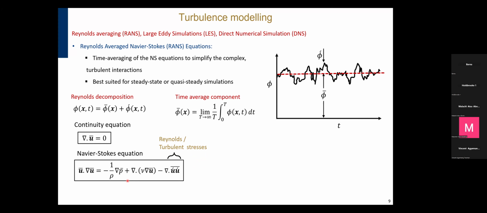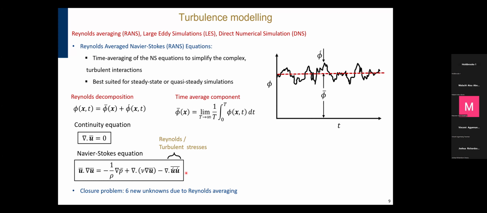Most of turbulence, and even active research in turbulent flow simulations, is concerned with finding closure models for these last terms that you've introduced. You end up with 6 new unknowns due to Reynolds averaging. With every averaging operation, you end up with more unknowns than equations, so you need to find a way to resolve these unknowns.